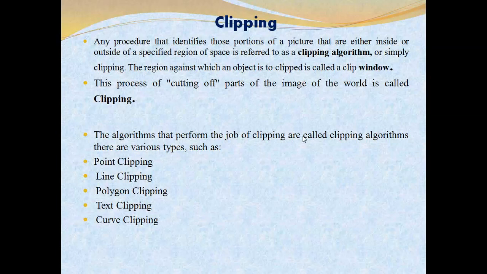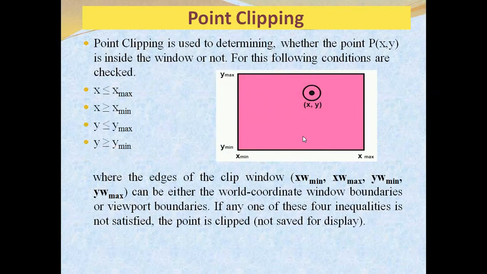There are various jobs related to clipping for the 2D image. We discuss point clipping, line clipping, polygon clipping, text clipping and curve clipping. First we look at point clipping. A point means a pixel, that's only x and y.